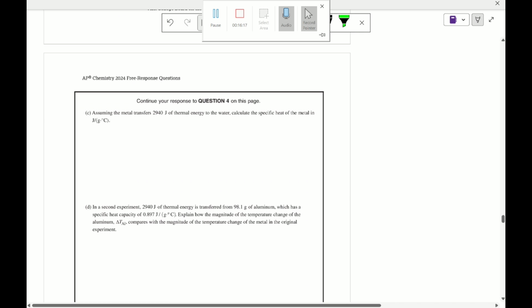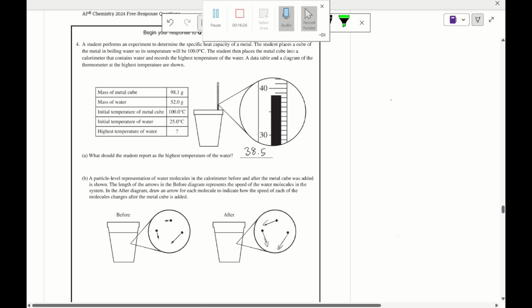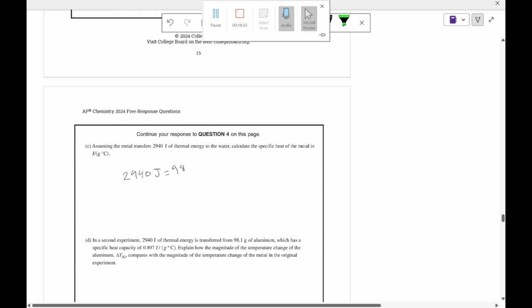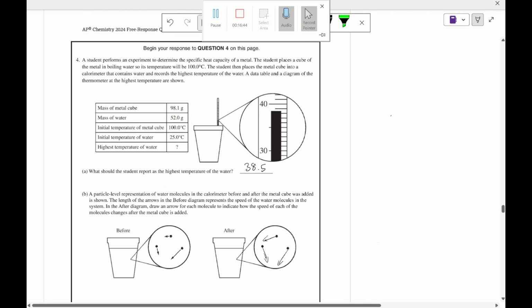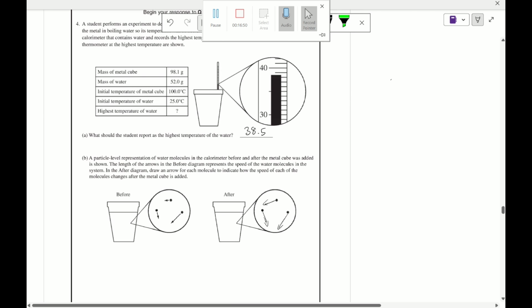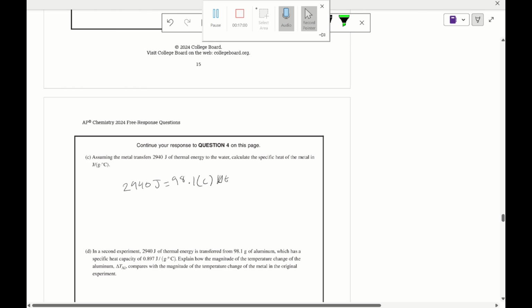And the metal transfers this much energy, calculate the specific heat of the metal. So you'd have this equal to the mass, which is 98.1, times the specific heat capacity times delta T. So our delta T was 100, and 38.5 is the highest temperature, so we have 100 minus 38.5, so the metal changed by 61.5 degrees.